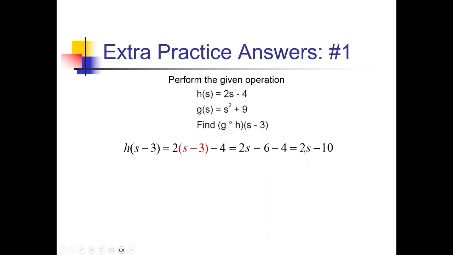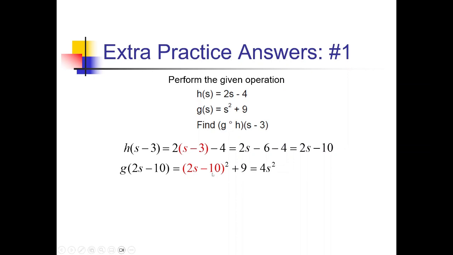Next up, now I have to take this 2s minus 10 and plug that into the g function. So g squares stuff and adds 9. So we're going to be doing 2s minus 10 squared plus 9. I'm going to expand this now using my a squared plus 2ab plus b squared shortcut. So squaring the first thing gives me 4s squared.